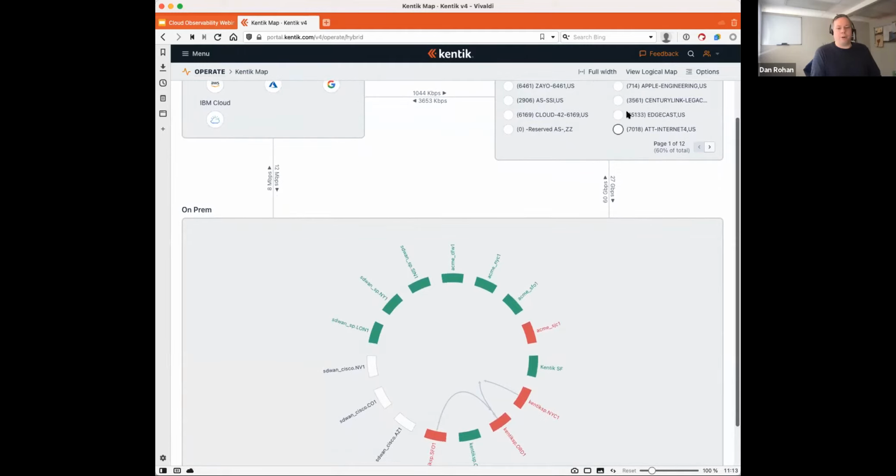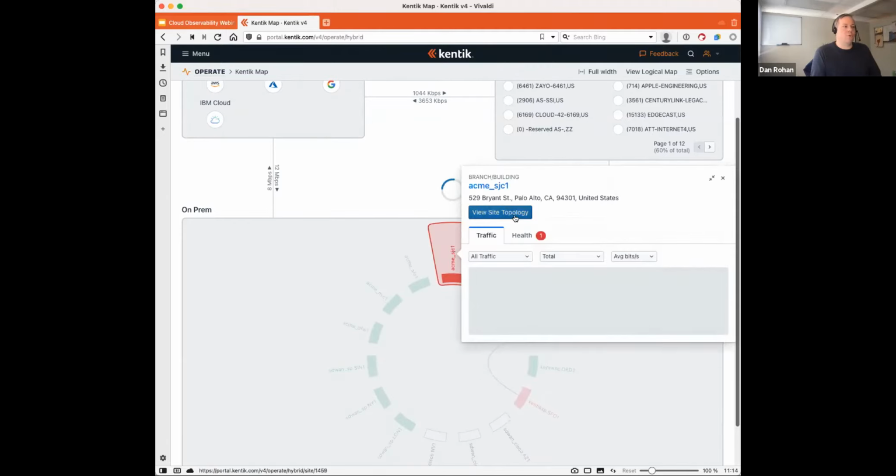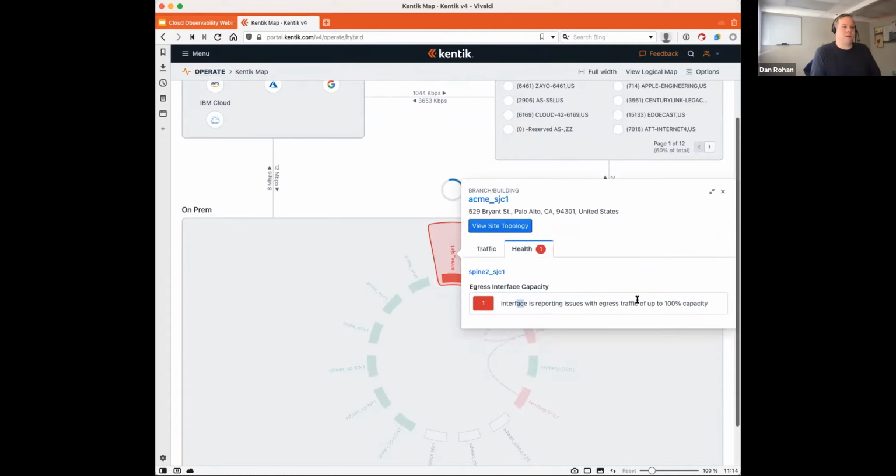And then on our on-prem network, we can show all of the routing sites and even the data centers and offices that Acme operates. As an aside, we can show the health of these items as well. So we pull SNMP from these, and we can give you hints when things are healthy or not healthy, both in the cloud and out of the cloud.